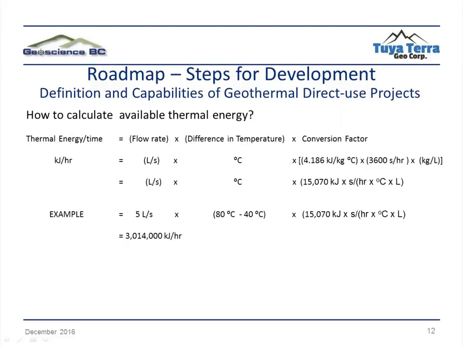So that's why you need this conversion factor, because you've got degrees in your difference in temperature, and then you've got time in there in order to give you the available energy per time, and then you've got the conversion factor in terms of how much mass you have in a volume of water. So using these different characteristics of a resource, that gives you about 3 million kilojoules per hour. But what does that really mean in terms of an end user?